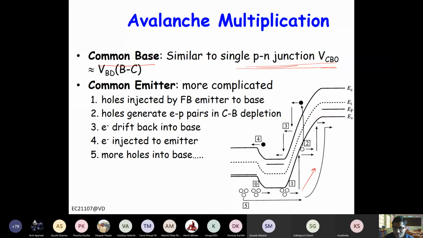If you look at the field here and increase the VBC, the base-collector voltage, this field will increase, and the higher the field, the greater the chance of multiplication.